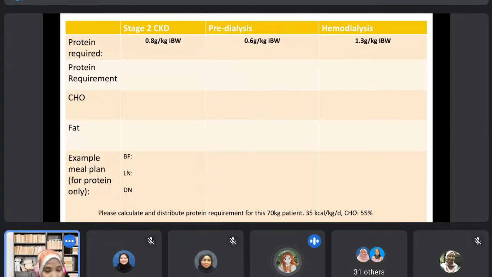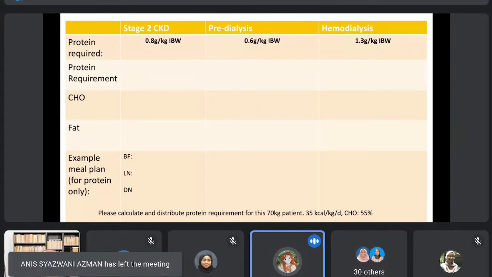Okay, I plan for breakfast, 1 serving size. Lunch 3 to 4.